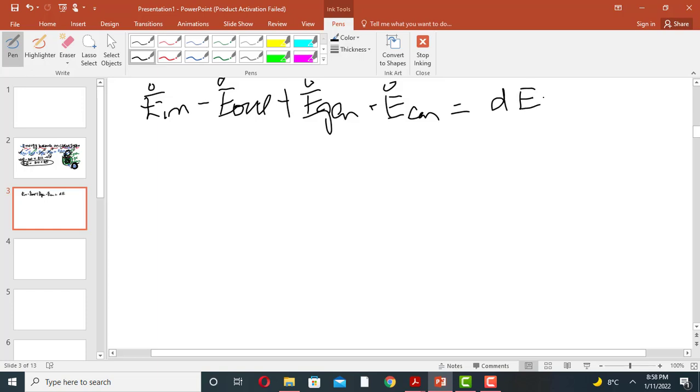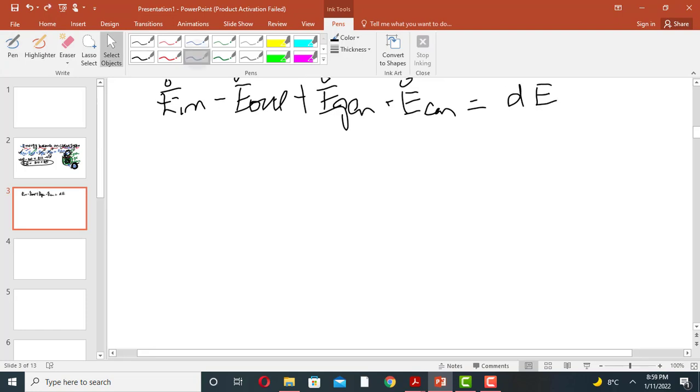So it is the change in energy in the closed system per unit time. This is the energy accumulation on a rate basis.